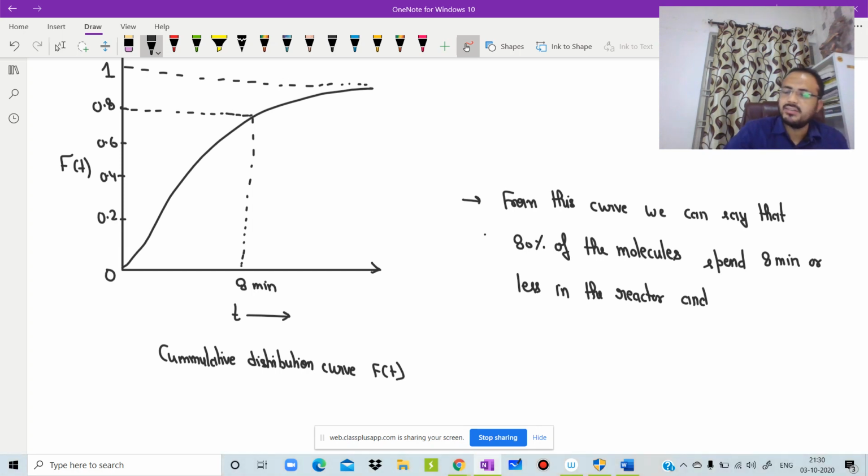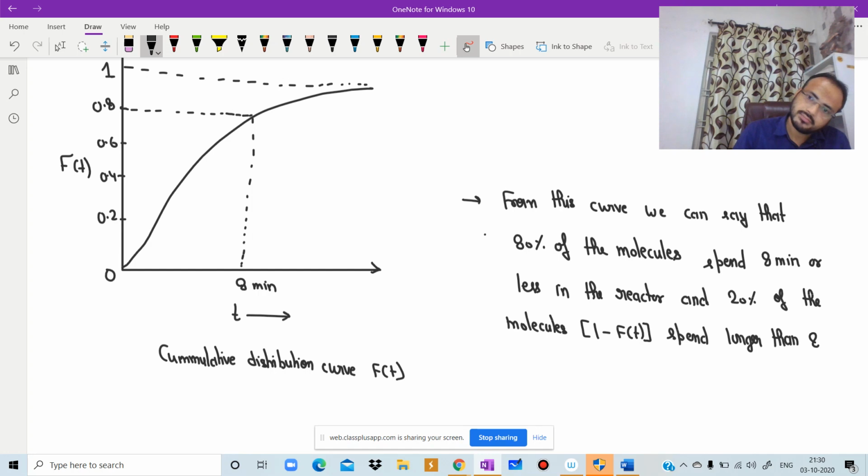And about 20% of the molecules, that is 1 minus F of t, spend more than 8 minutes, longer than 8 minutes in the reactor.